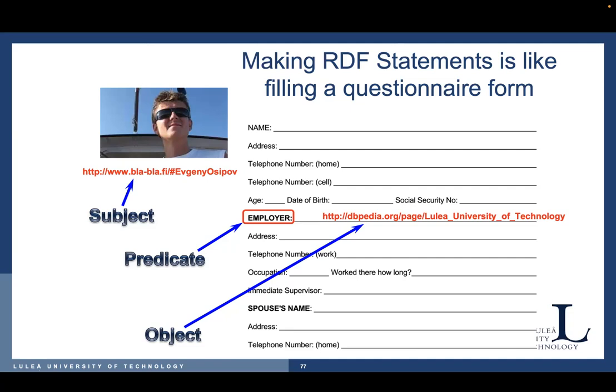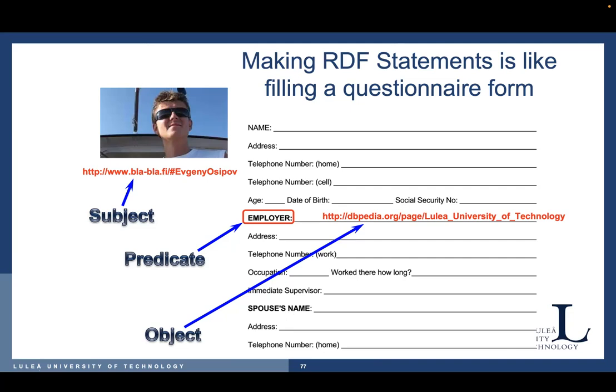And here, for example, this is the first instance where you see that we transition from linking to a specific resource, like, for example, me employed by, say, LTU.